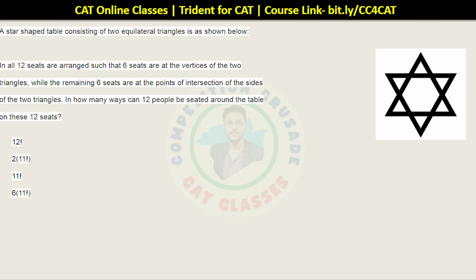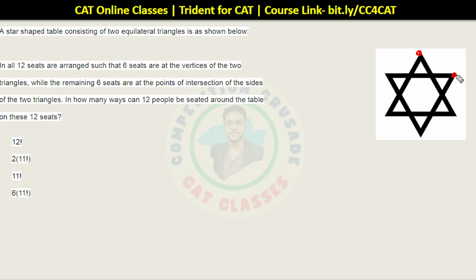Alright, this question says, a star-shaped table consisting of two equilateral triangles is shown below. In all, 12 seats are arranged such that 6 seats are at the vertices of the two triangles. Okay, so just a second.